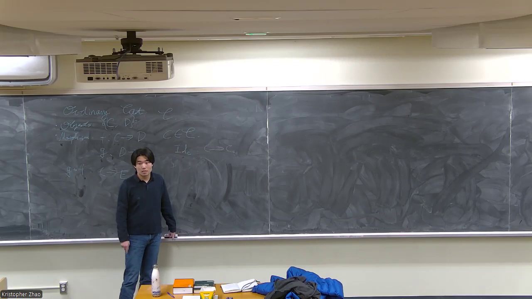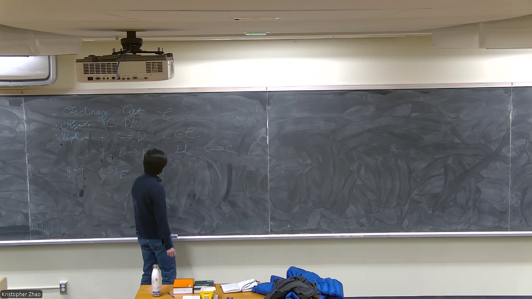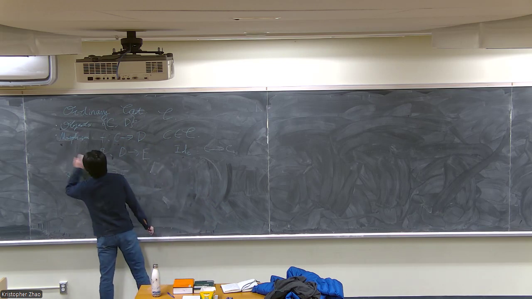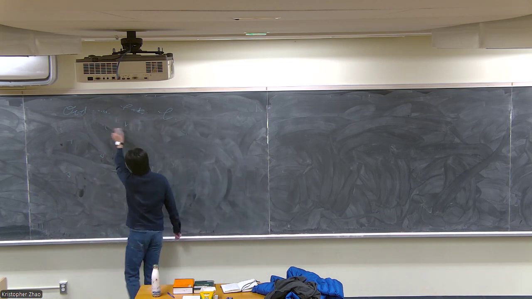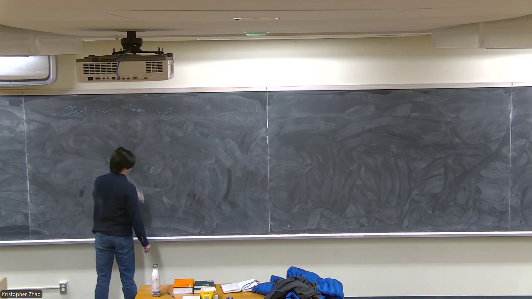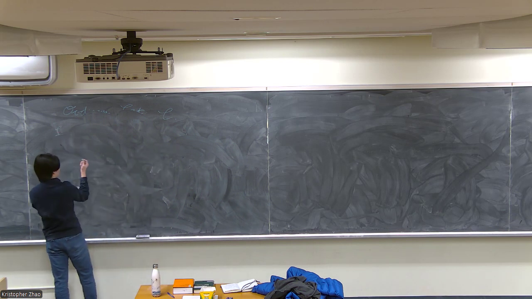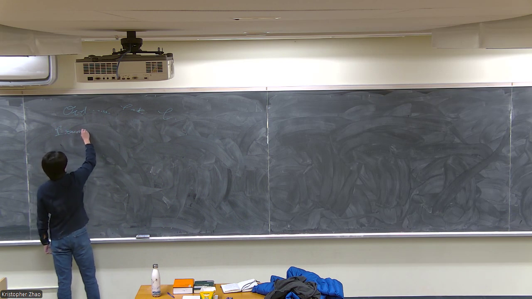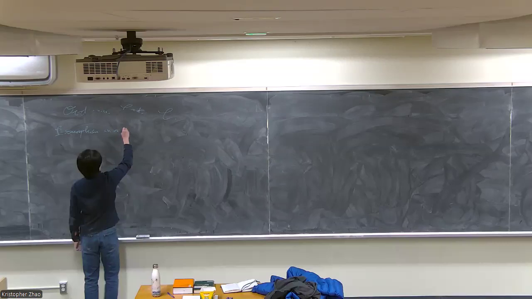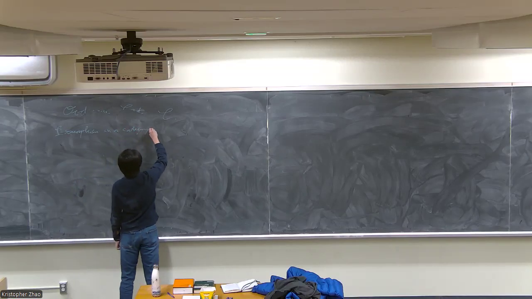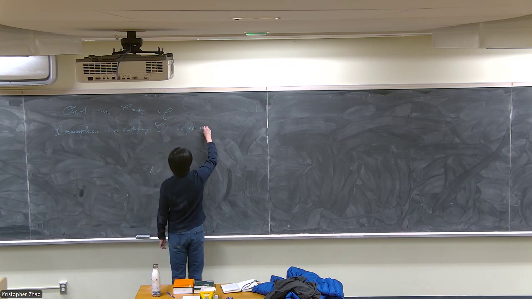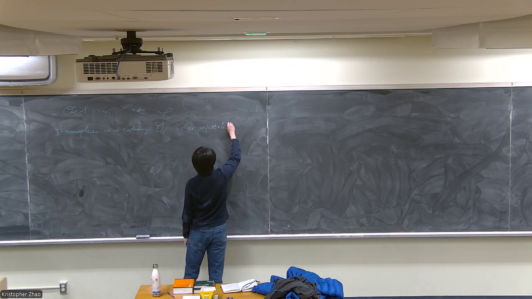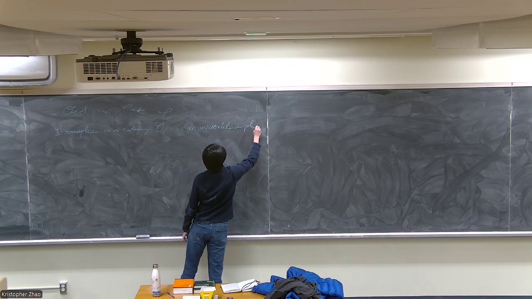Why don't you define it? All right. An isomorphism in a category C is an invertible morphism. What does this mean?